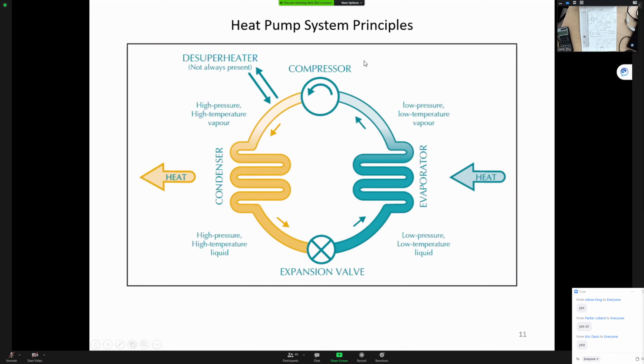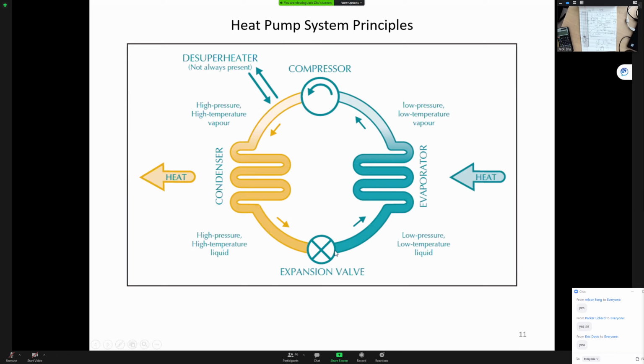What we call a heat pump, we also call a refrigeration cycle. It's the same thing as in your fridge. They have an evaporator, and some kind of refrigerant. I'll tell you a little more on this one.